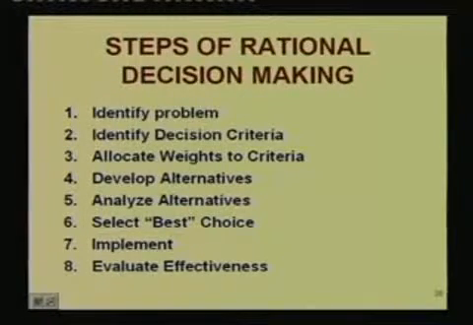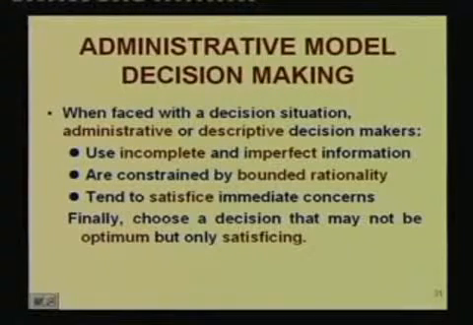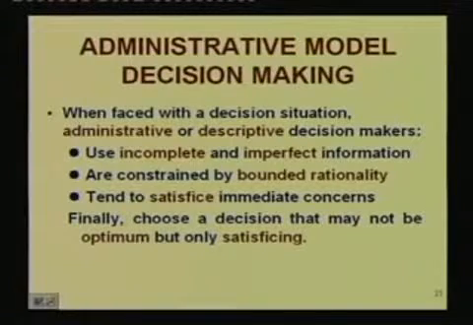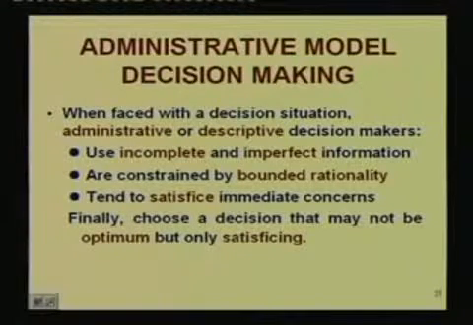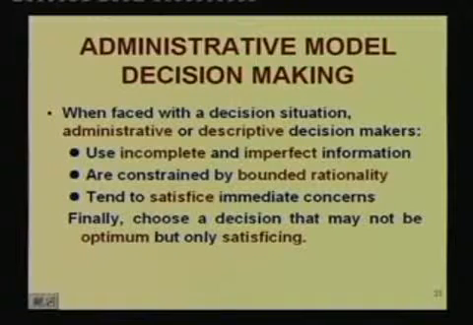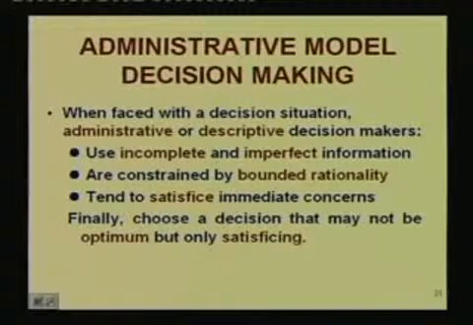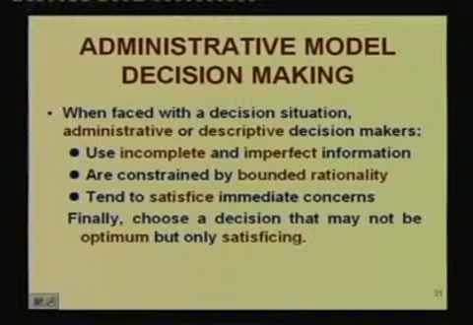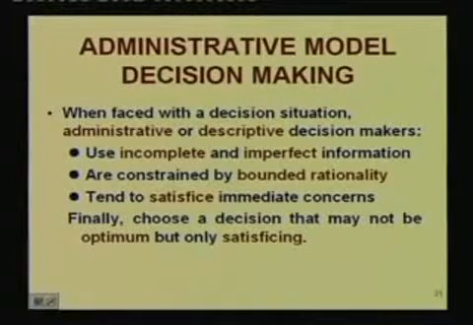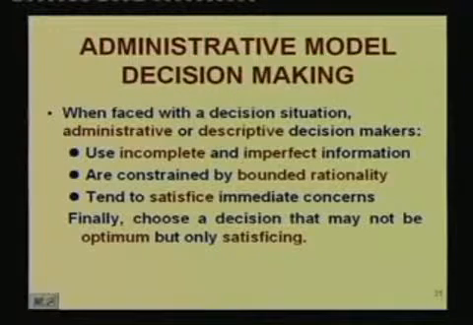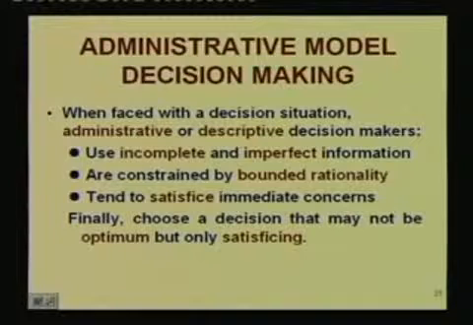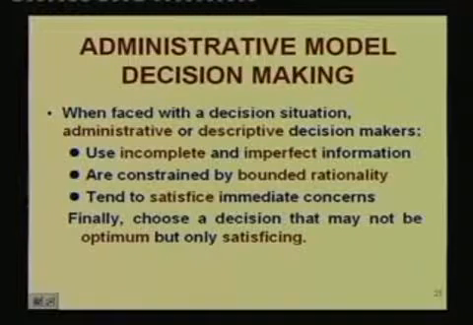But these may not be true when it comes to an administrative model of decision making. What happens when faced with a decision situation? Administrative or descriptive decision makers use incomplete and imperfect information, are constrained by bounded rationality, tend to satisfy immediate concerns, and finally choose a decision that may not be optimum but only satisfying.